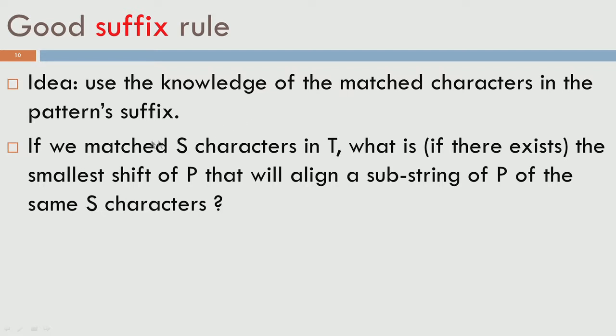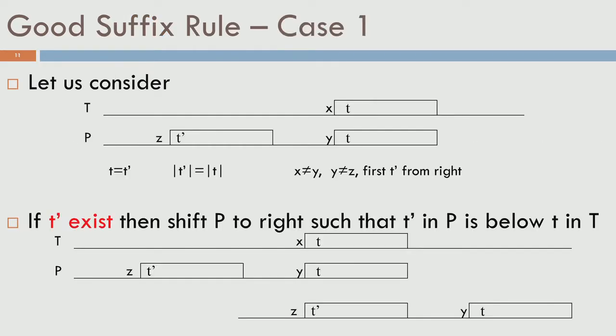Let us ask the question: if we have matched a suffix of characters in T, what is the smallest shift of P which will align a substring of P with the same suffix of characters? Let us visualize this pictorially in the coming slide. And this rule is called the good suffix rule, and you will see why it is called a suffix rule.